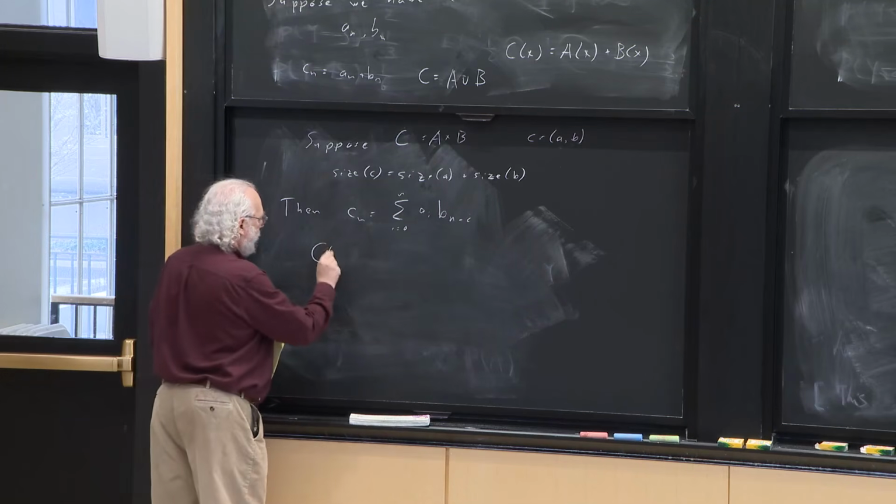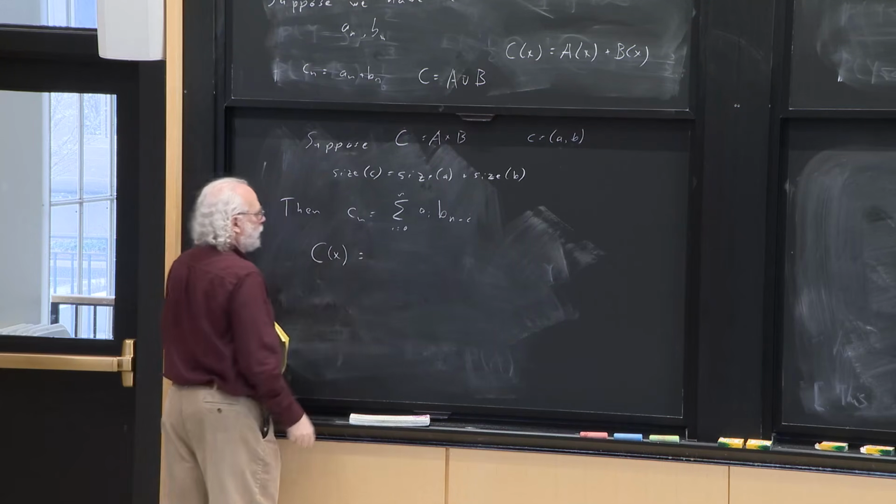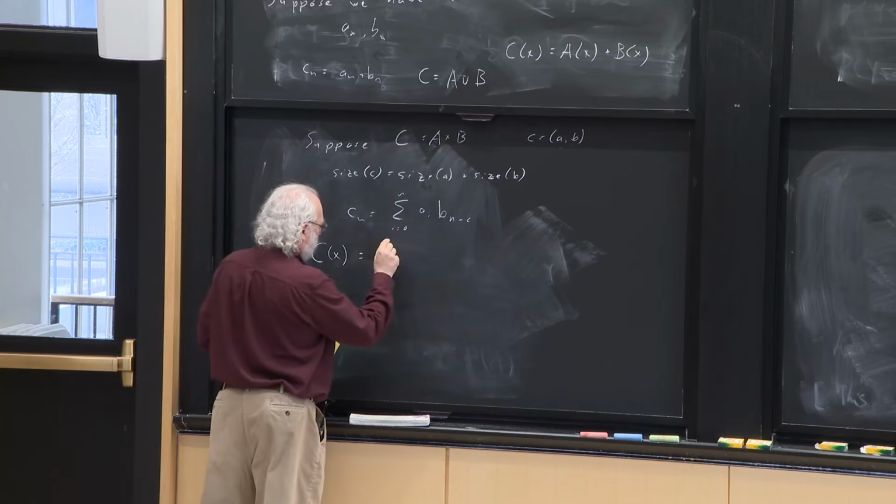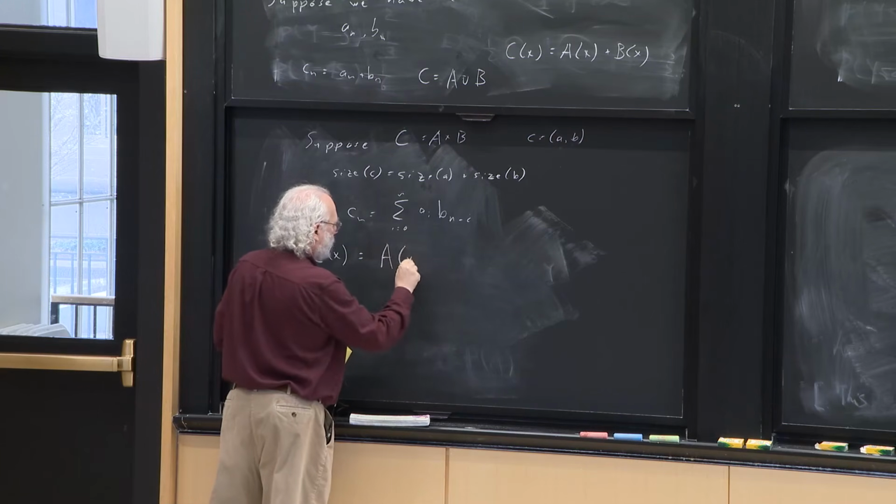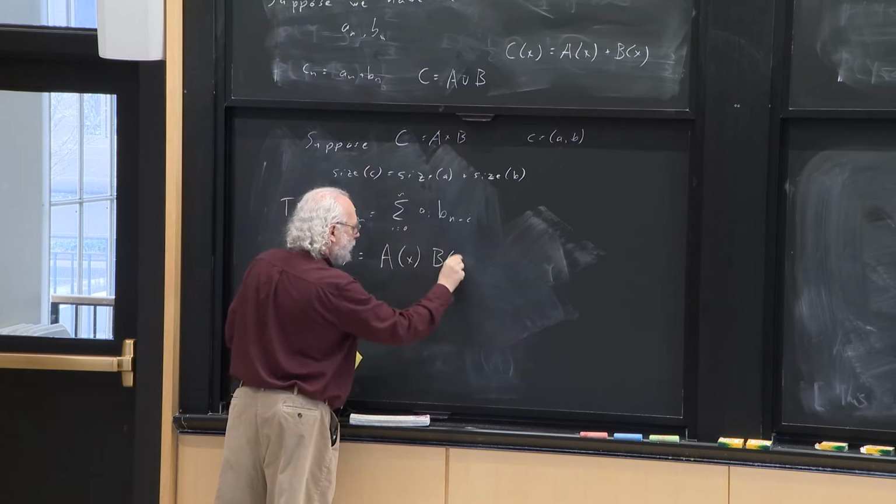And C of x is equal to A of x times B of x.